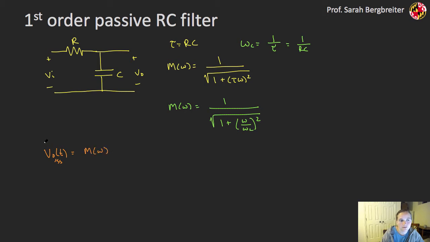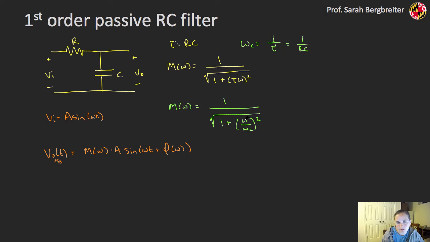Remember, if V in is some A sine of omega t, I'm going to get at the output the magnitude ratio times A times sine of omega t plus some phi as well, right? I'll still have that phase shift. My filters can introduce a phase shift similar to the general first order system.